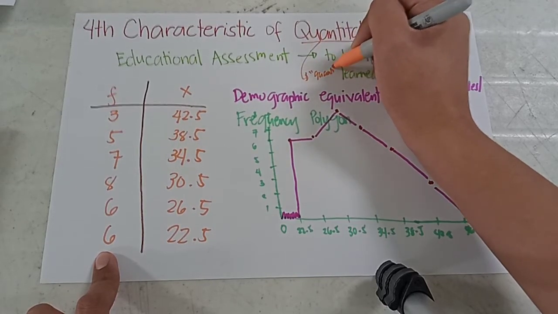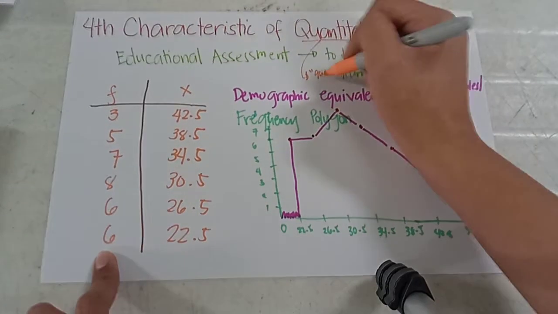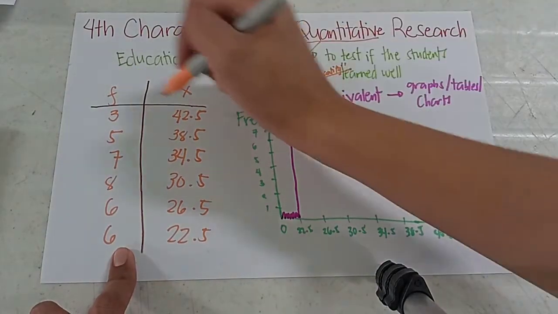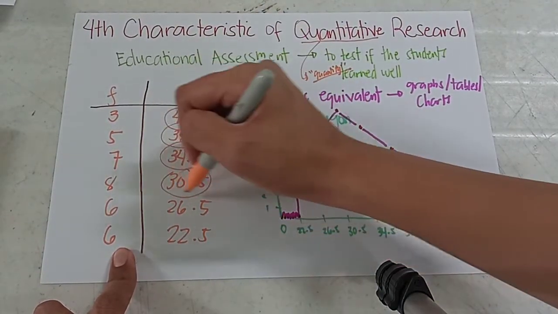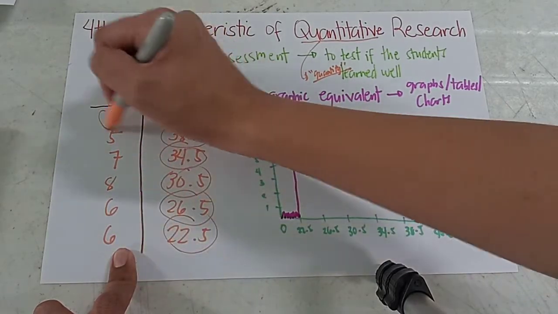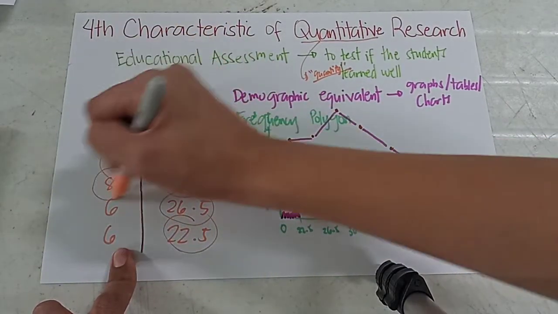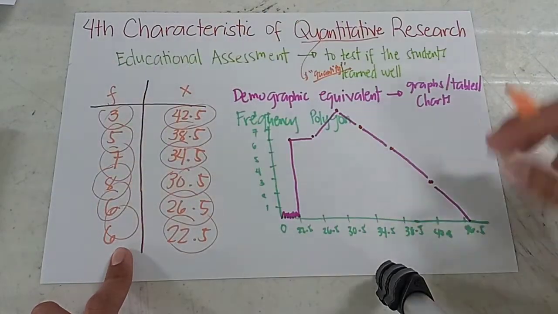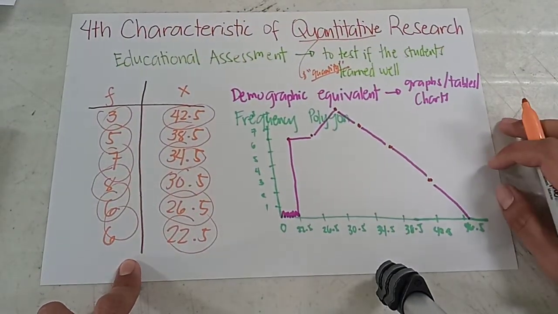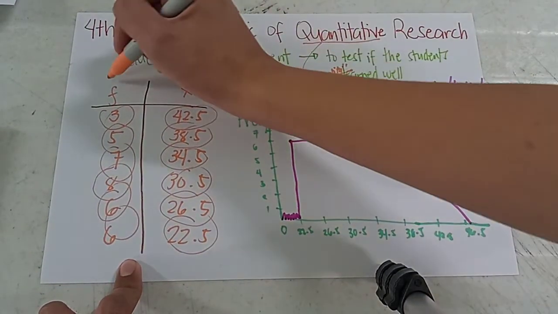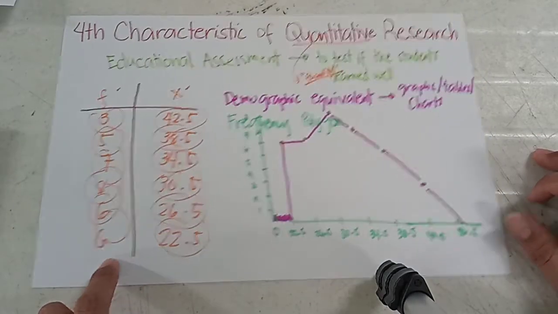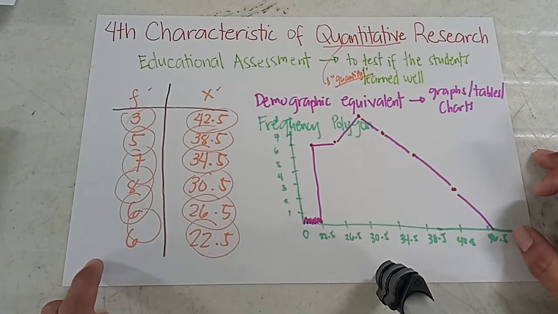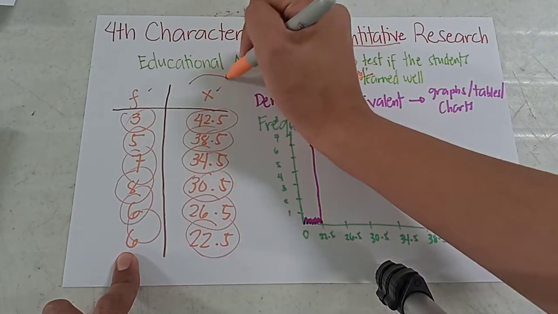Meaning to say, it makes use of quantity or numbers. In our illustration, we use different values or numbers, so the data are in numerical form. Then, using the frequency table with the cumulative scores, we can say that the data underwent statistical analysis.